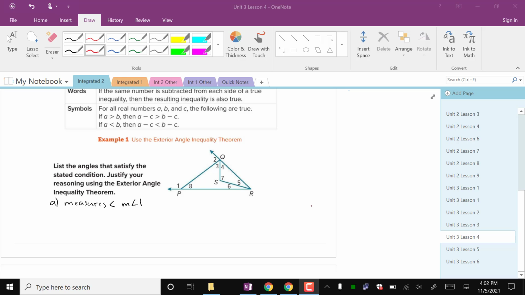So by the exterior angle inequality theorem, the measure of angle 1 is going to be greater than the measure of angle PQR. And the measure of angle 1 is also going to be greater than the measure of angle PRQ.